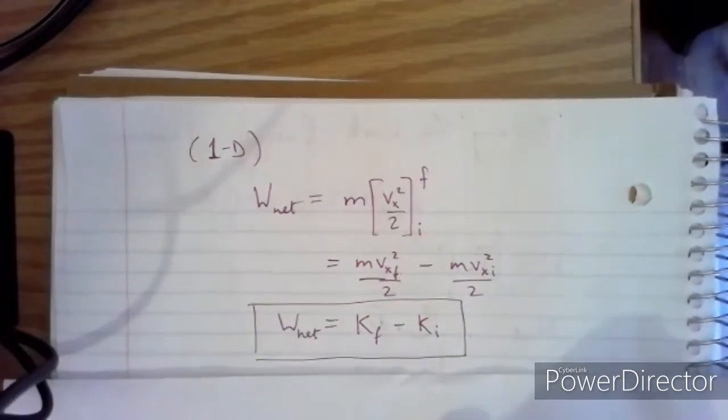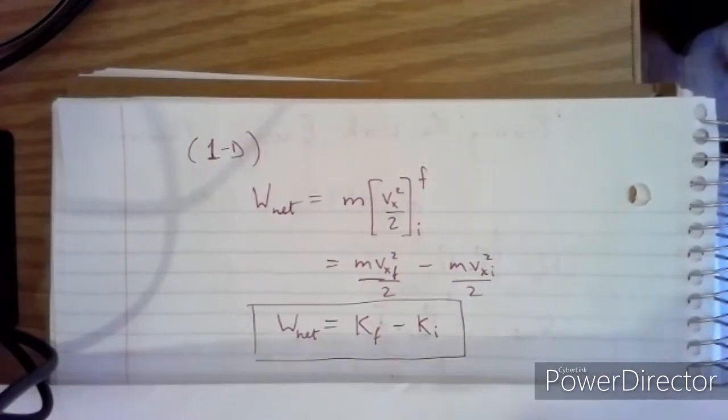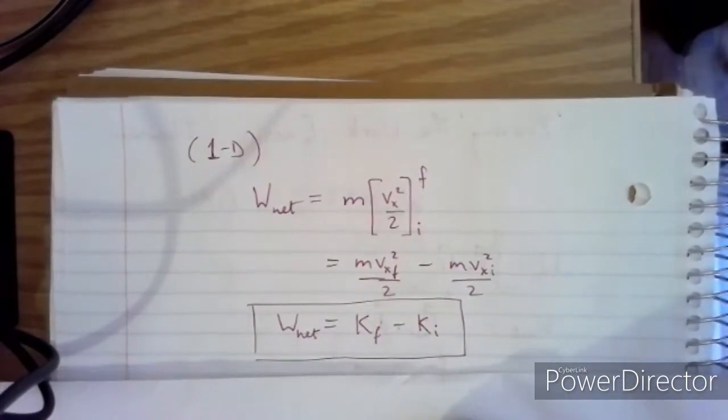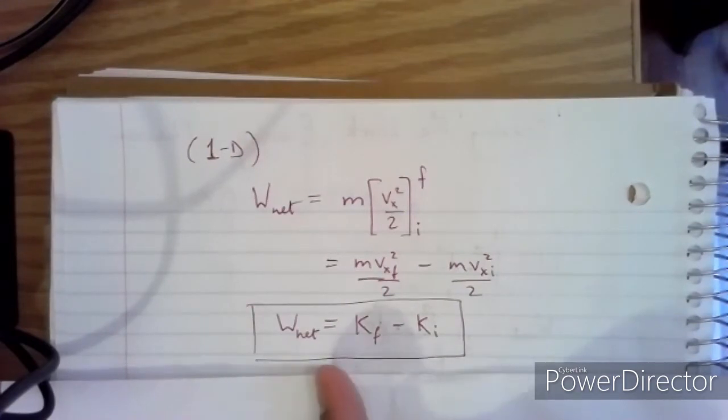But that is the difference in the kinetic energy. So we have shown in the 1D case that the work energy theorem is true. The net work on a system is equal to the change in kinetic energy.